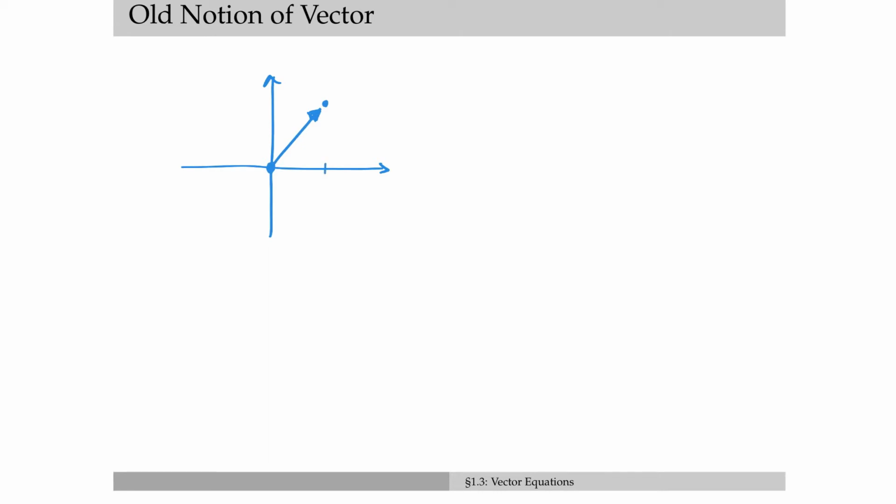And let's say that point right here was (3, 2). Then what we probably would have done is something like this. The vector v is (3, 2).